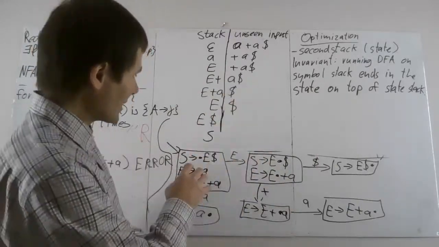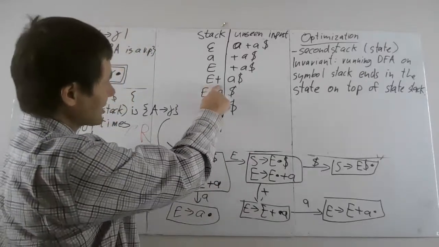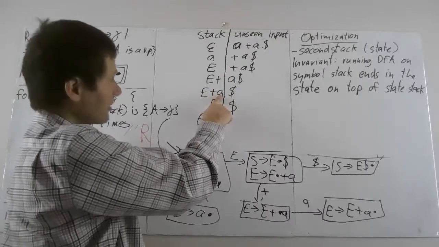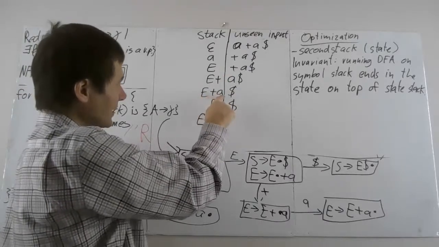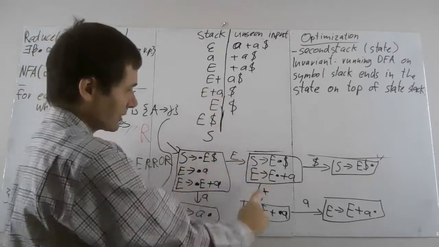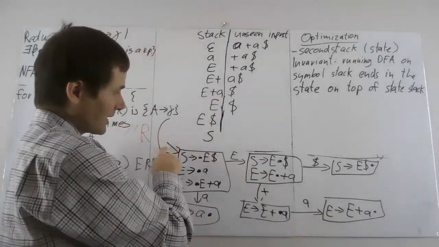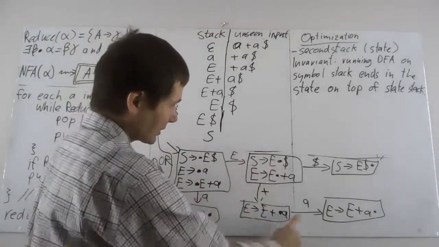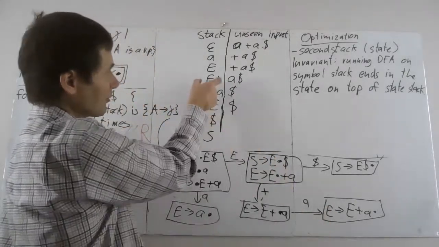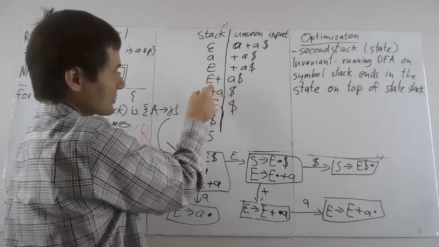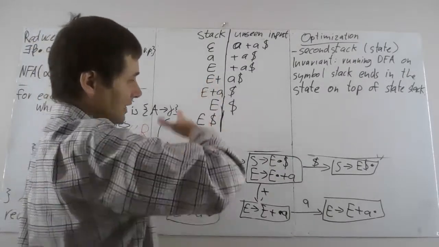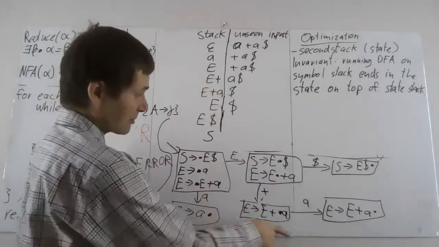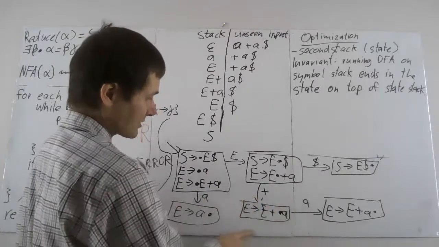So let's say my stack is E plus, and now I'm pushing E plus A on the stack, and I want to know where the DFA goes on E plus A. Well, I don't have to go all the way to the start state and go through the DFA on E plus A, because before I did the push onto the symbol stack it was E plus, and I just pushed an A. The top of the state stack told me I'm in this state.